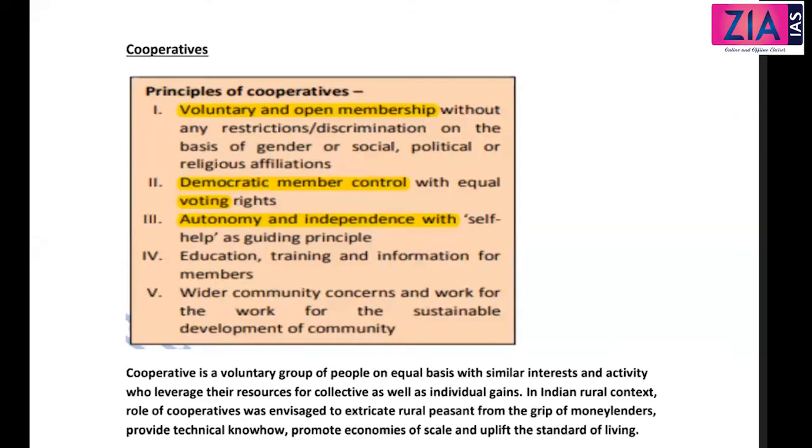They can form a cooperative society or cooperatives of any kind, right? It can be this Amul also, or it can be anything with respect to agriculture, with respect to any production. So it's a voluntary and open membership without any restriction or discrimination on the basis of anything. Democratic member control with equal voting rights, autonomy and independence.